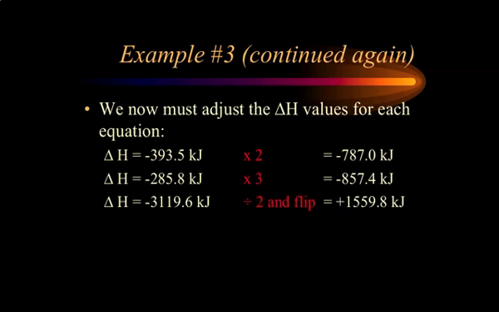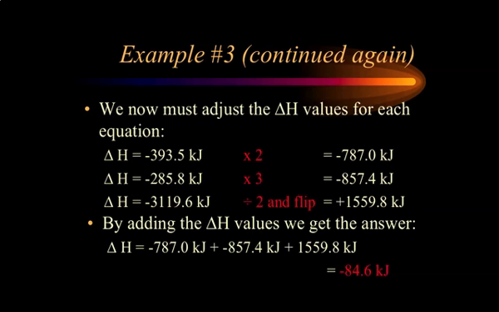So it has gone from a negative 3119.6 to a positive 1559.8. Now all I have to do is add those numbers together, and my delta H of this equation that I couldn't actually do in the lab, or that I didn't have time to do in the lab and I had this other data, is negative 84.6 kilojoules. So it is still an exothermic reaction.